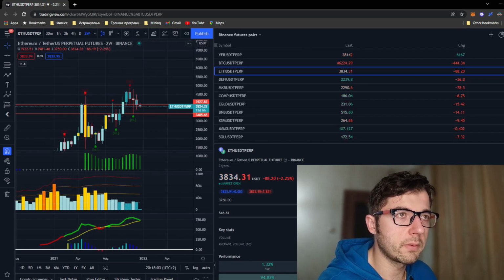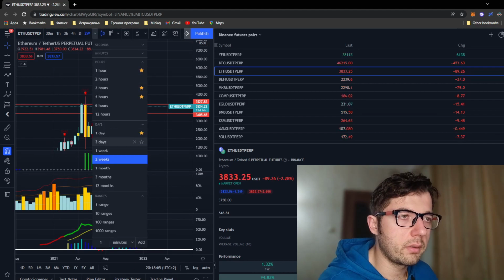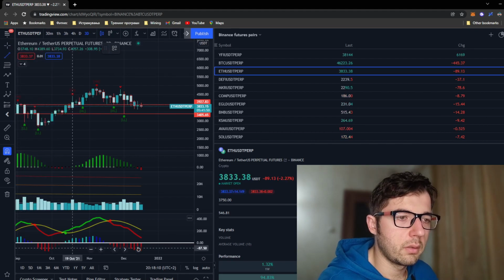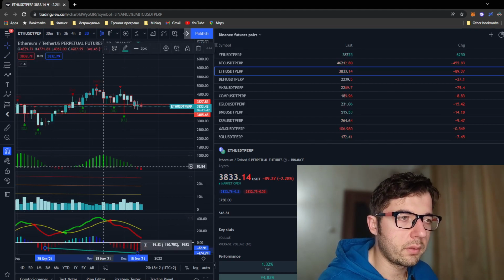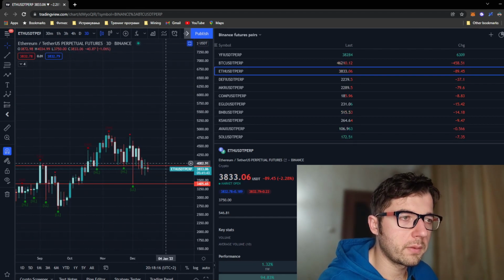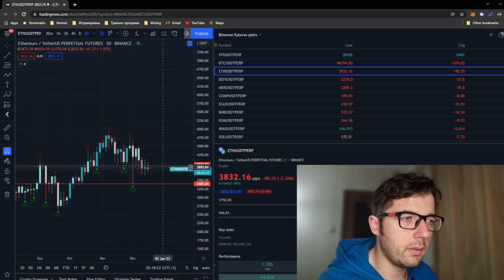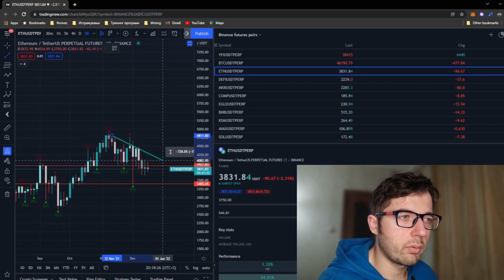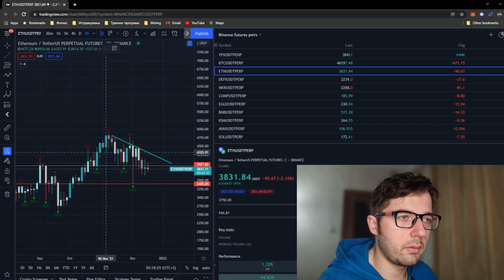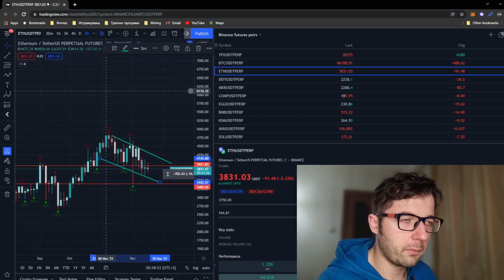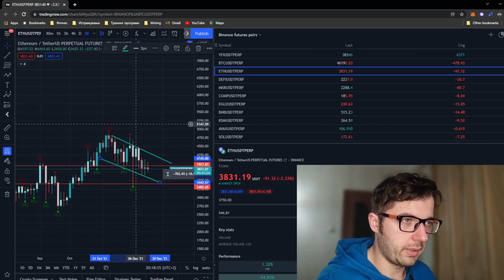We have higher lows, and on the 3-day we have this hidden bullish divergence, but not yet confirmed. For this you need to close above 39.20, and then we can say there is a probability of alt season, and you want to see this falling bull flag, falling wedge, however you want, equal highs, equal lows.